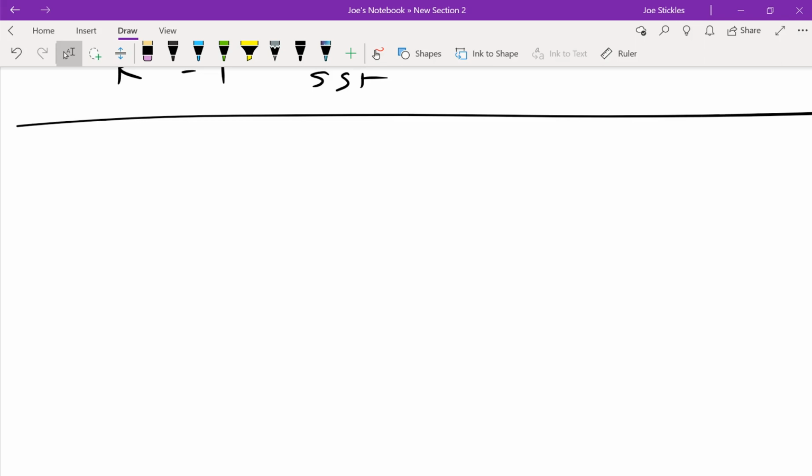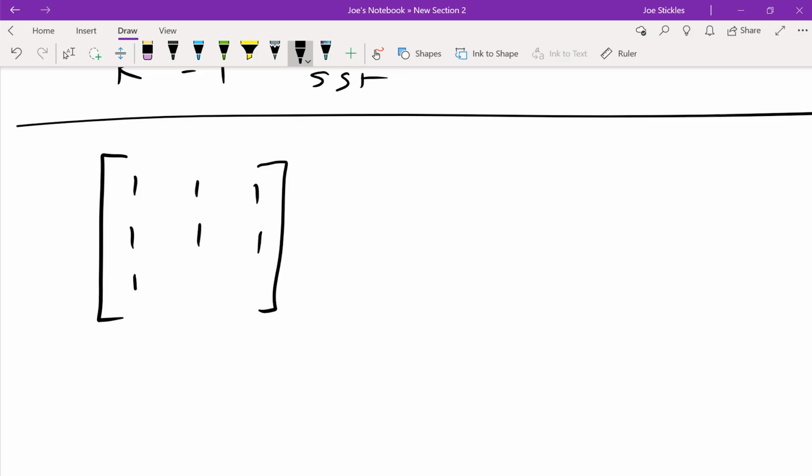notice some things here. So if I take, let's just do this by a 3 by 3, just for argument's sake. And I just put a bunch of 1s in here. And I multiply this by, say, x1, x2, x3 in front here.